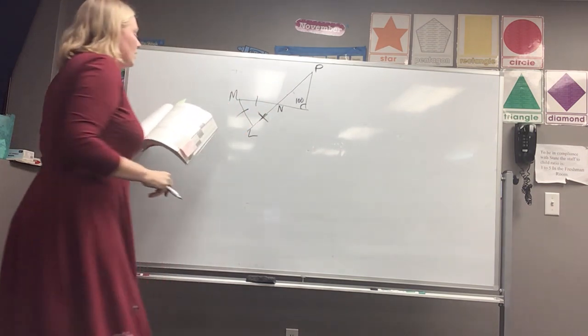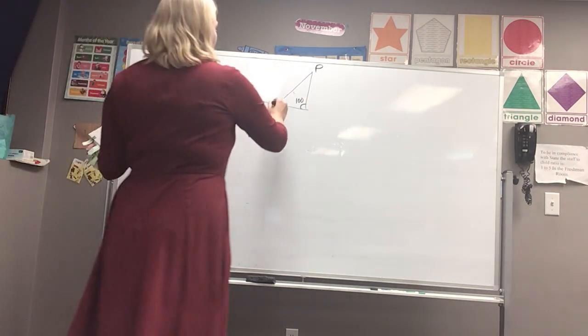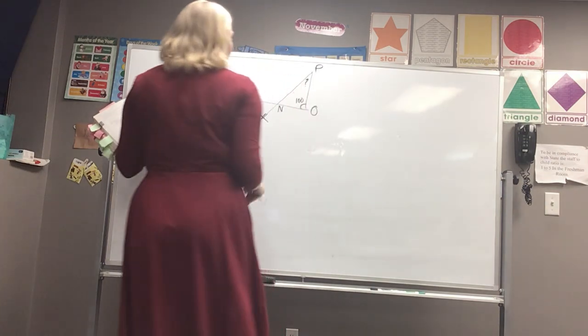Oh, I just jumped the gun a little bit. So all three of those are the same. What is the measure of NPO, or this angle up here at the top?